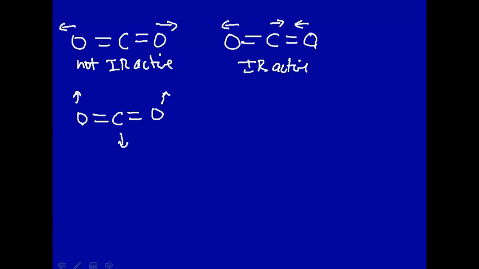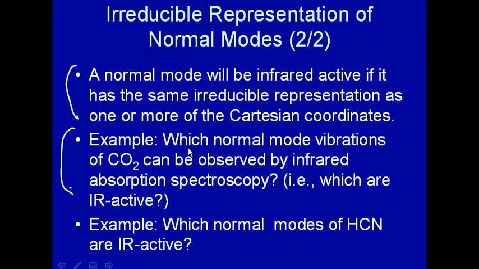And finally, clearly here, without the vibration, carbon dioxide has no dipole moment, but if this goes down, those two go up, you do have a fluctuating dipole moment, so this is IR active. So we could have used fluctuating dipole moment arguments instead of symmetry arguments to conclude that the totally symmetric mode is not observed, but the other two are observed in the infrared spectrum.